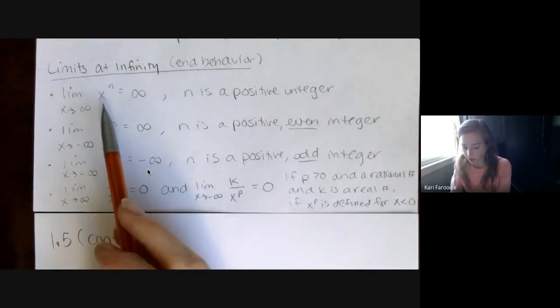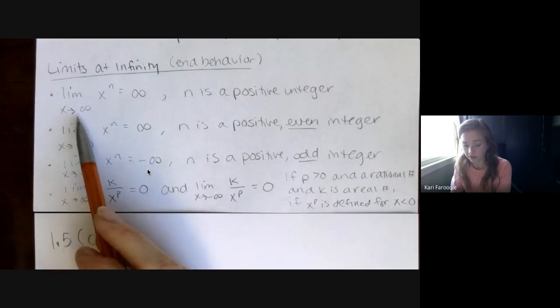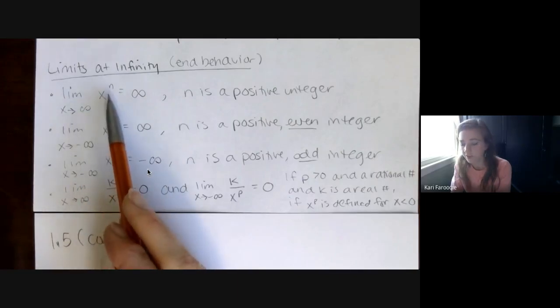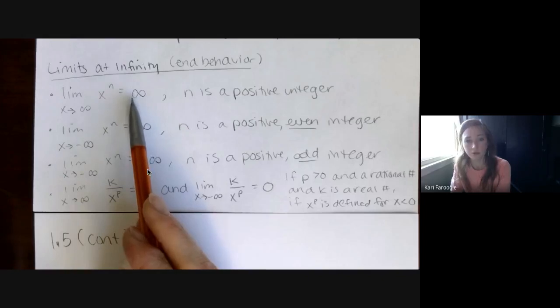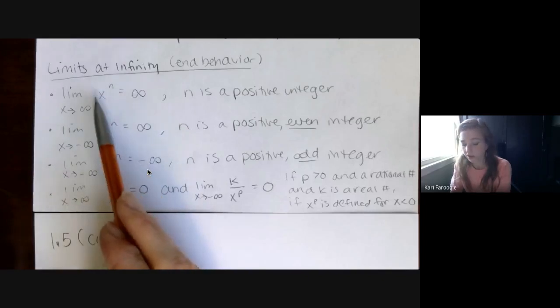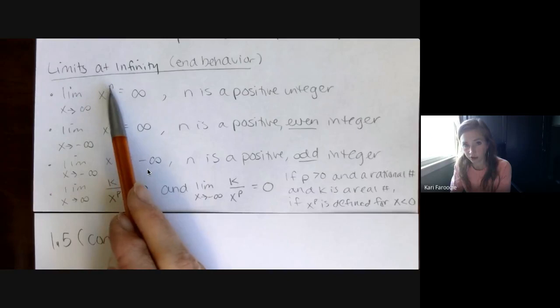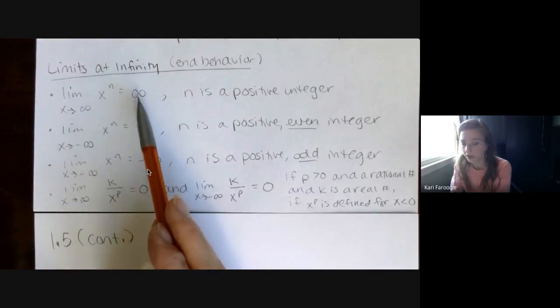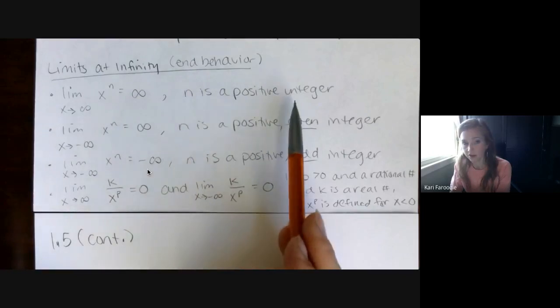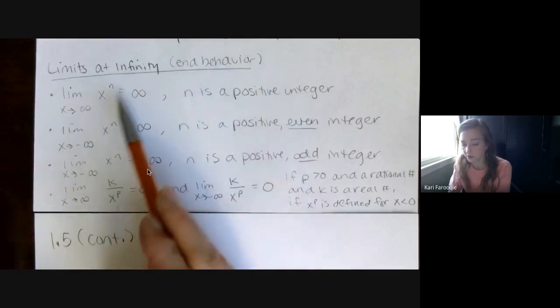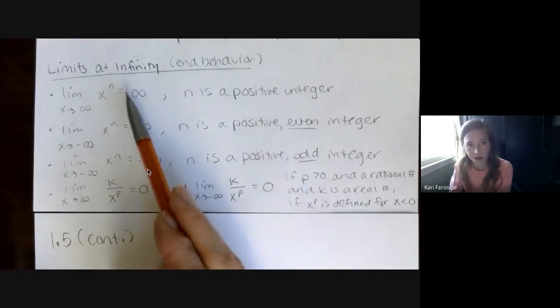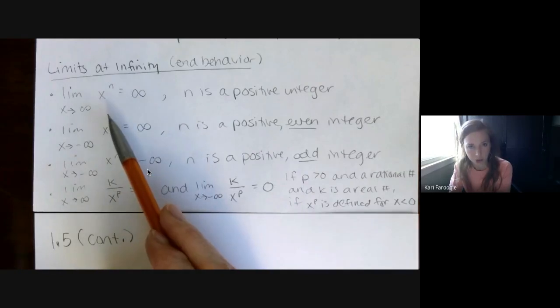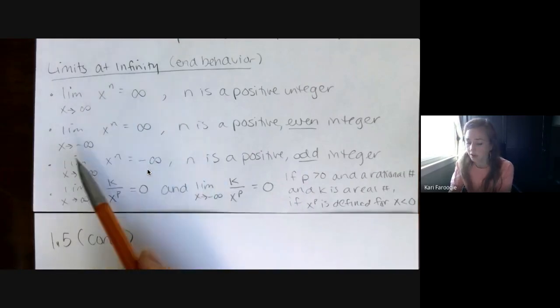We talked about the fact that if we have a limit as x approaches positive infinity of x to the nth power, then the limit will be infinity. You're taking infinity to the nth power, so the quantity is just going to be infinity. This is for the case that n is a positive integer, so we're not looking at a negative exponent where x is bumped into the denominator.